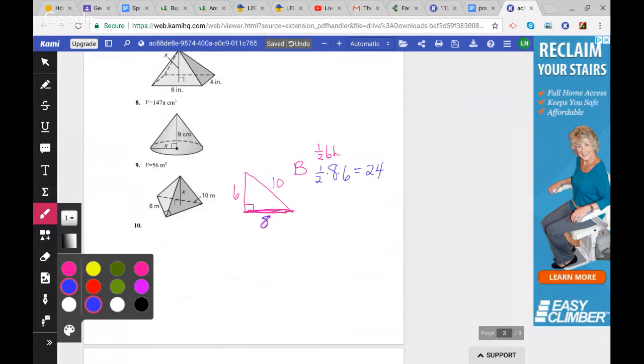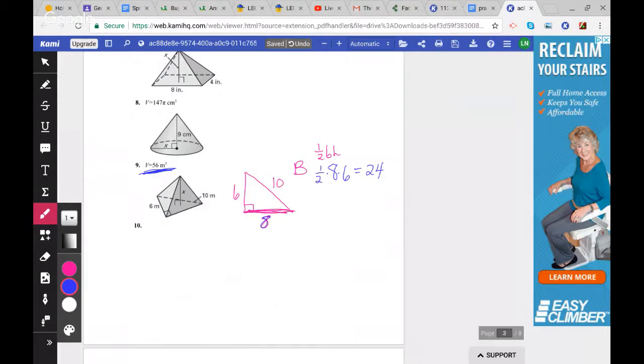Then we have to find the height. But in number 9, it gives you the volume right here in the problem. Is that right, or is mine off? I think it's the volume. Is it 56? Yeah. Okay. So if we know the volume, remember for the volume of a pyramid, volume equals 1/3 BH.